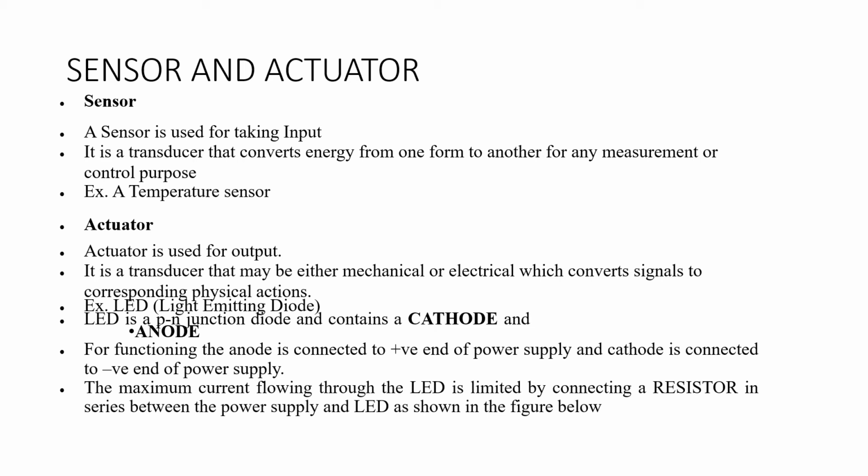LED is a PN junction diode which contains cathode and anode. Now if you want to function it, the anode is connected to the positive end of the supply, and of course the cathode is always connected to the negative of the supply. The maximum current flowing within the LED is limited by a resistor connected in series, which we call a load resistor.